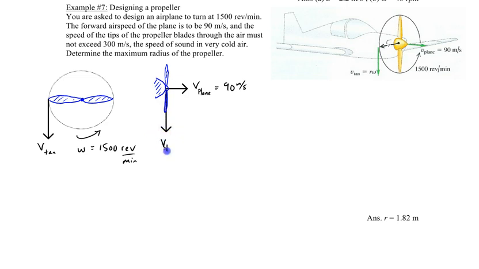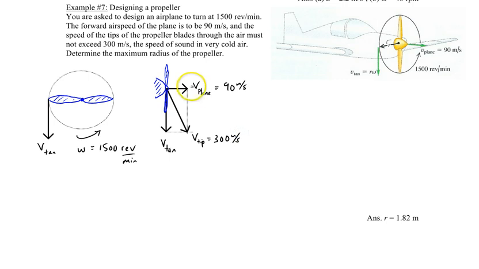And that's V tangent. And really, the resultant velocity is right along the diagonal of that rectangle. This is the velocity of the tip, which can't be any larger than 300 meters per second.